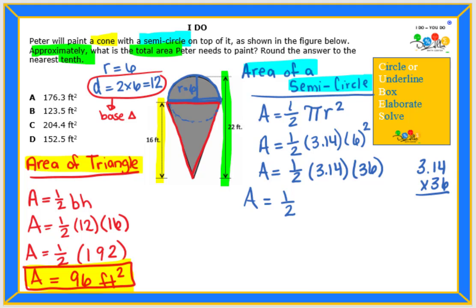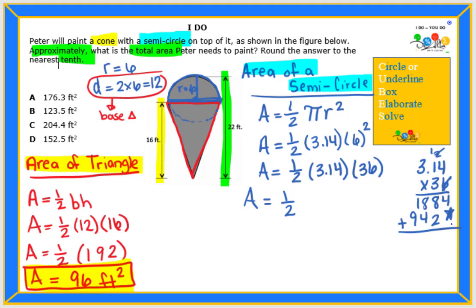So 6 times 4 is 24. 6 plus 2 is 8. 6 times 3 is 18. We're going to put a placeholder because we're done with the 6. 4 times 3 is 12, and we're going to carry 1. 3 times 1 is 3, and 1 is 4, and 3 times 3 is 9.